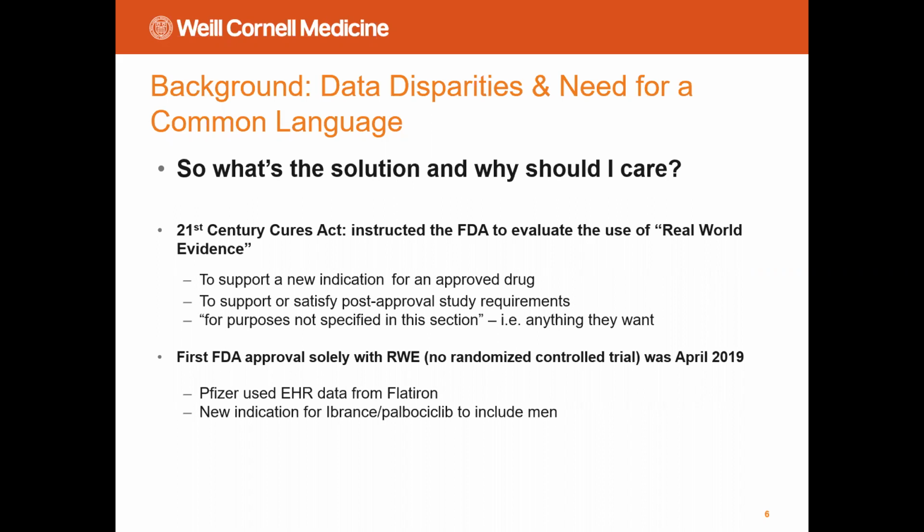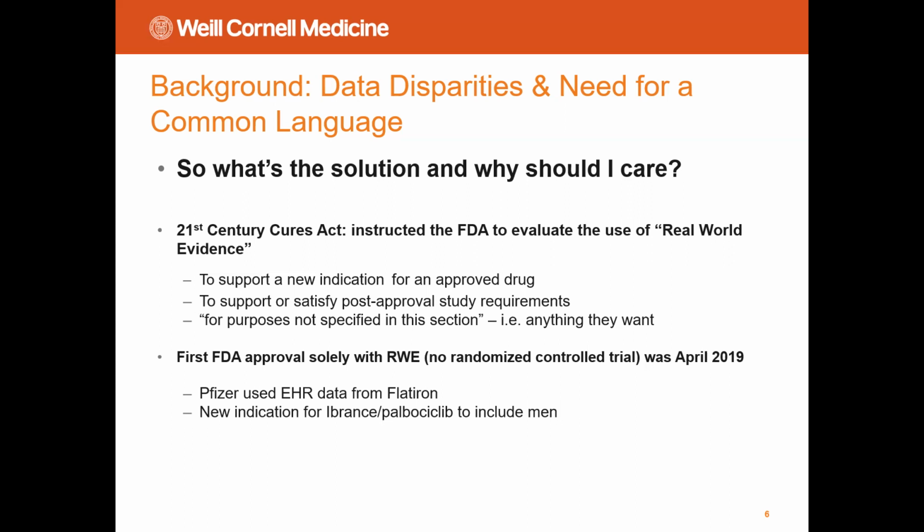Flatiron, which is a company that specializes in using EHR data for research, was able to work with Pfizer to use data from their electronic health records to show that palbociclib was being used in men with breast cancer, and that it was safe, and that it was effective, and that it was prolonging survival in these men. Pfizer used the data and got the approval.